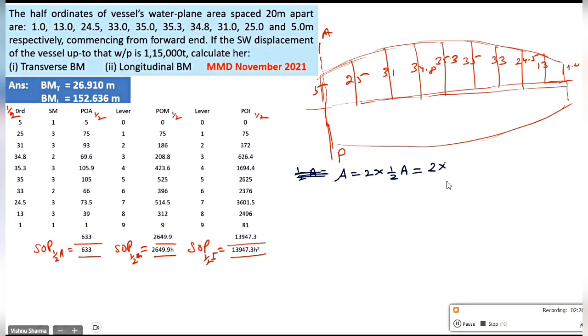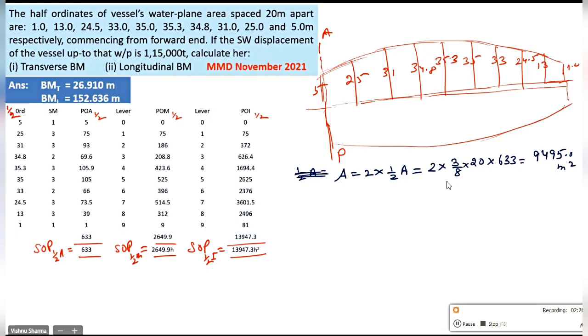So 2 into, rule 2 has been used, 3 by 8, common interval 20, SOP half area 633. How much does it come by multiplying by 2, beta? 9495.0, is it? Yes, sir. Okay. Meter square.